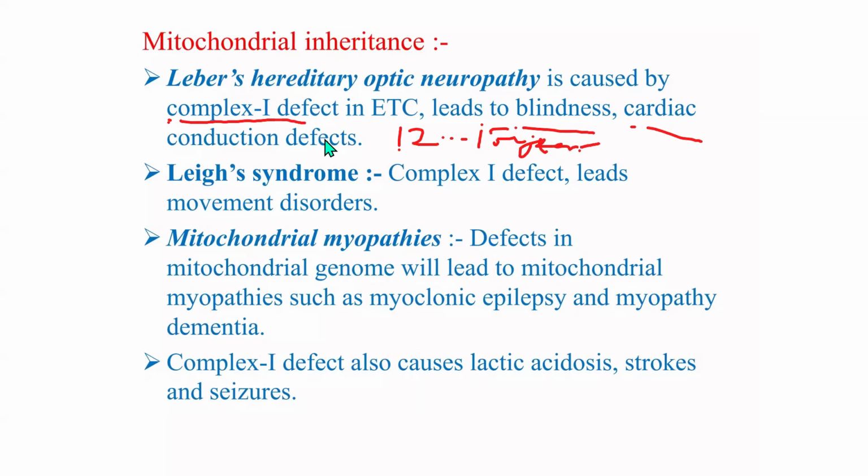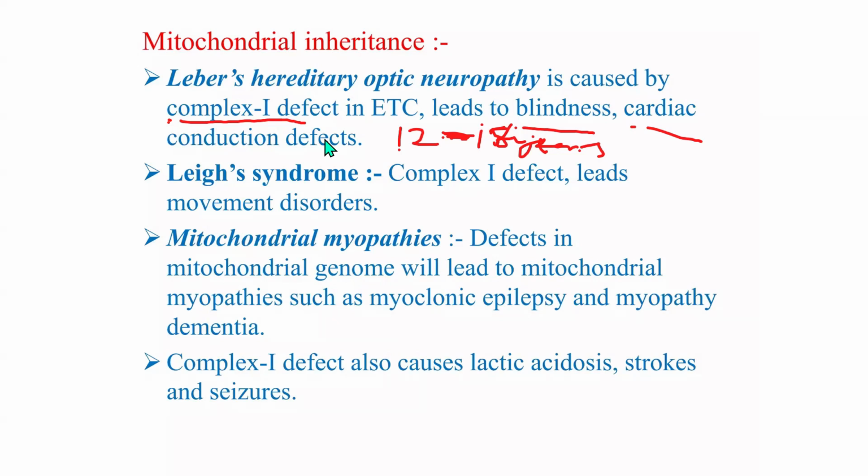So if you have a child of between 10 to 18 years, if there is this mitochondrial defect, especially a defect in complex 1, then there is a likelihood that, of course, this complex 1 are enzymes. They are enzymes.